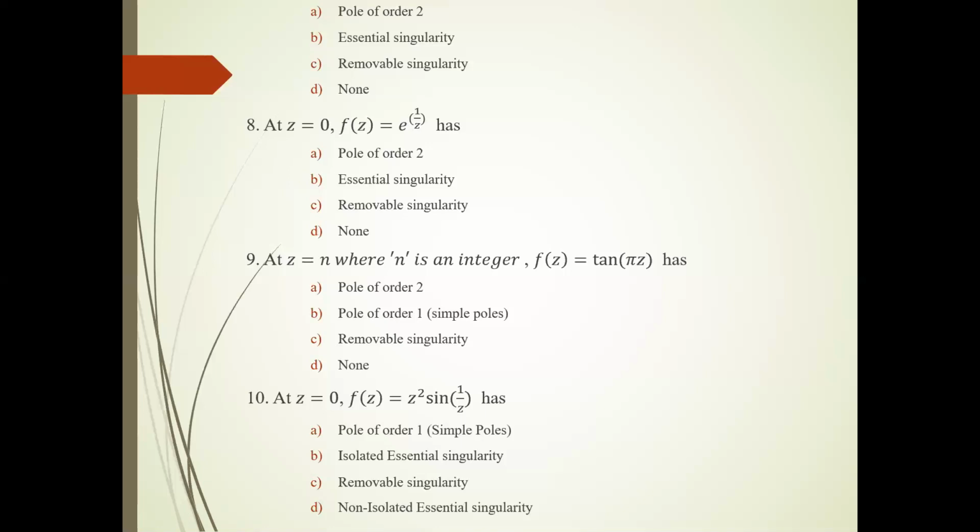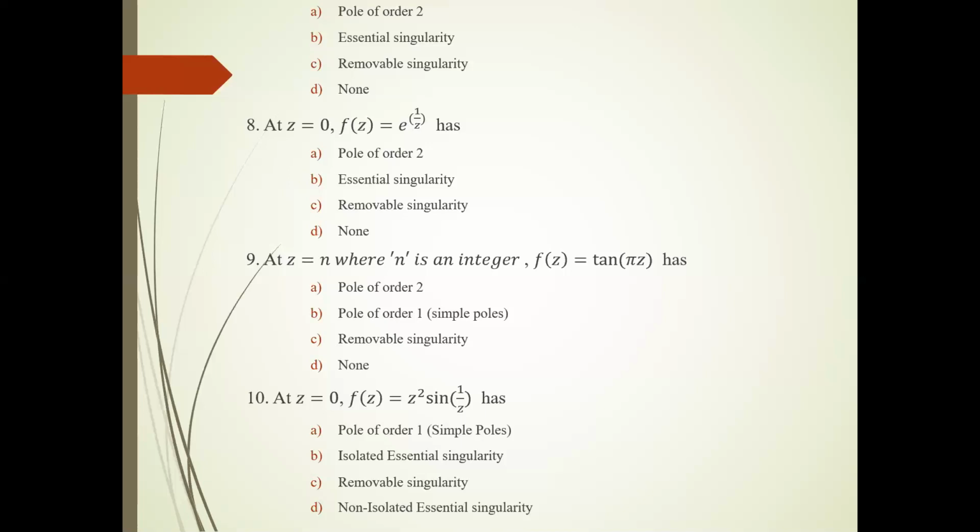That value is pi z is equal to 2n pi plus pi by 2, where n belongs to the integers. If we solve this equation, we get z is equal to (2n plus 1) by 2. These are the poles of the given function tan pi z.